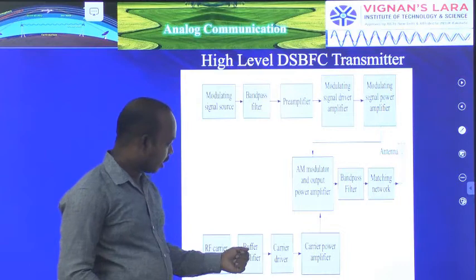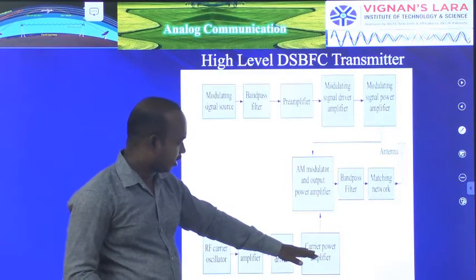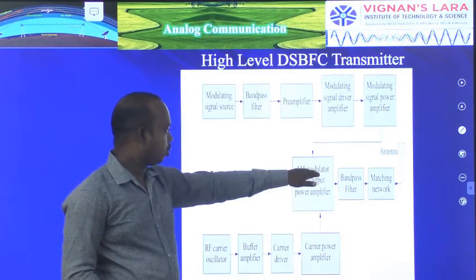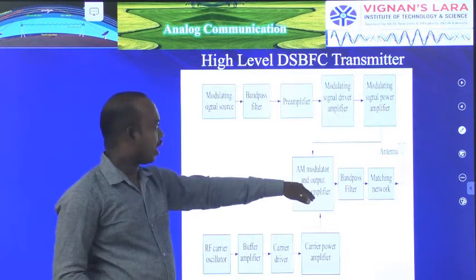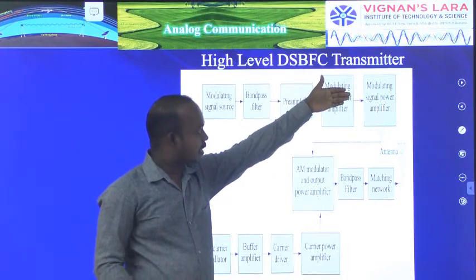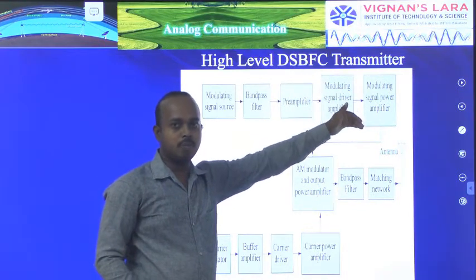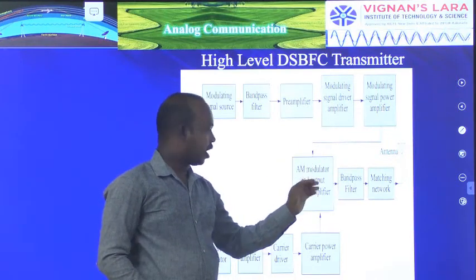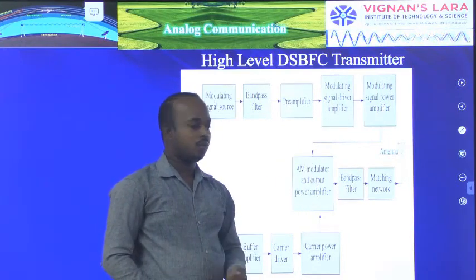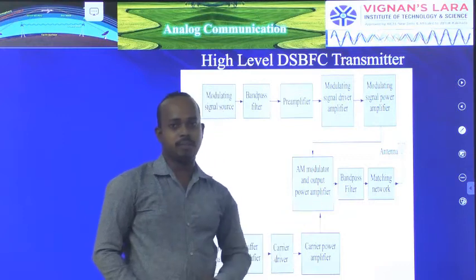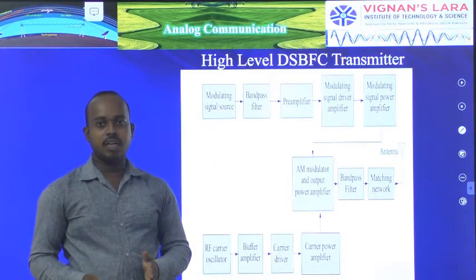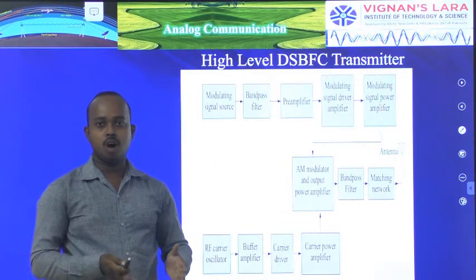Here we assign the carrier power amplifier output to the AM modulator, and the modulating signal power amplifier output you also send to the AM modulator. The output then goes to a power amplifier, just increasing the output level.